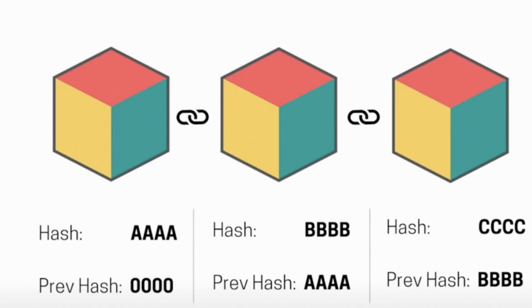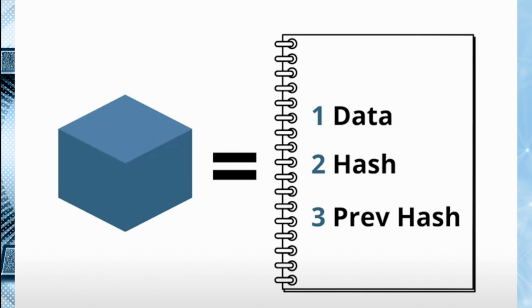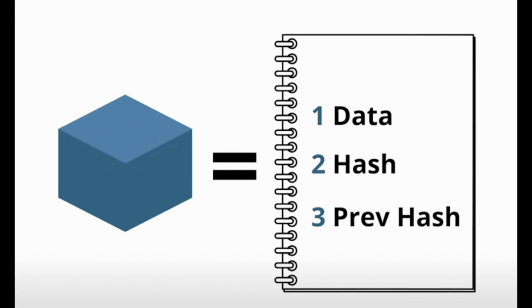So the old block's hash is stored inside a new block, and the new block's hash is stored inside the subsequent new block, and so on. And the third value it keeps is the hash of the previous block. So before changes it will have some hash value stored inside it, and that is called the previous block's hash. In that way these values are stored inside the data.